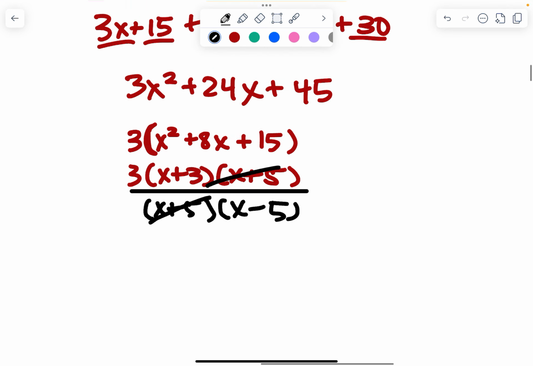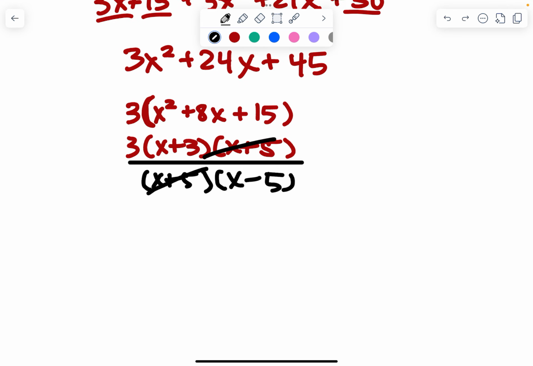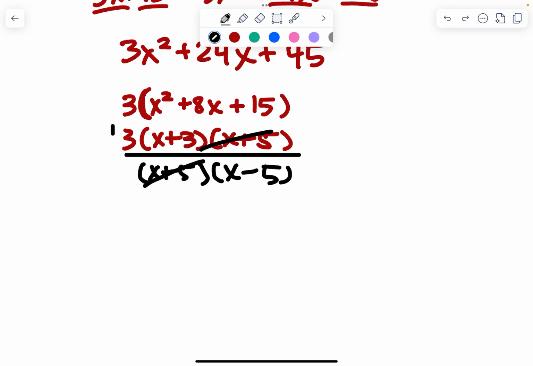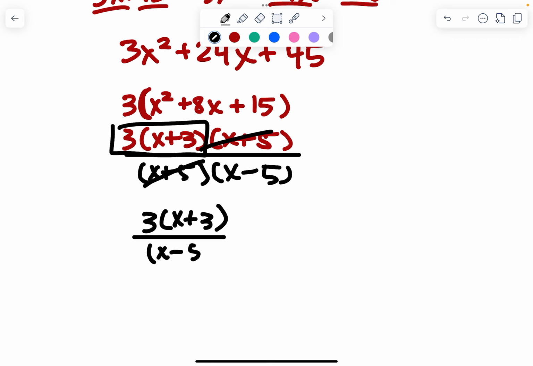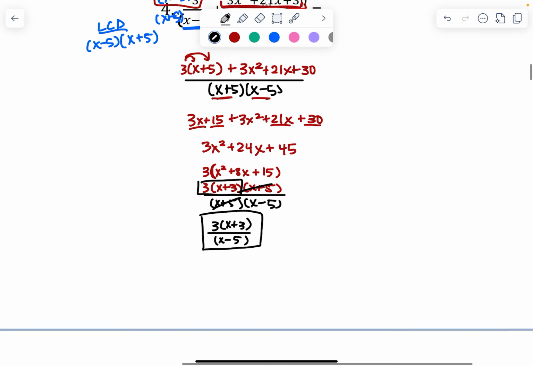And so if you didn't factor this numerator, you wouldn't have seen that your fraction simplified even further. And so we're left with a 3 times the x plus 3, and you can leave that in its factored form, over the x minus 5. And you don't need the parentheses on bottom. It's not wrong to distribute the 3, it's just factored form is usually the best.